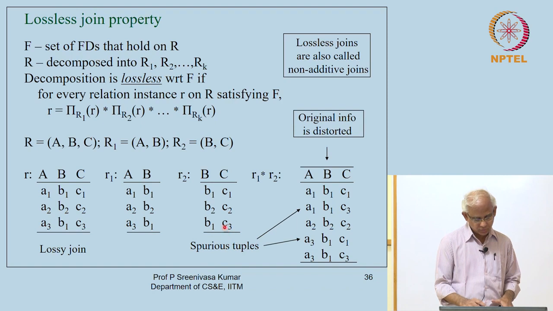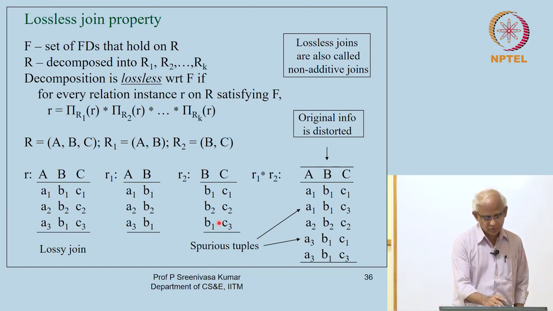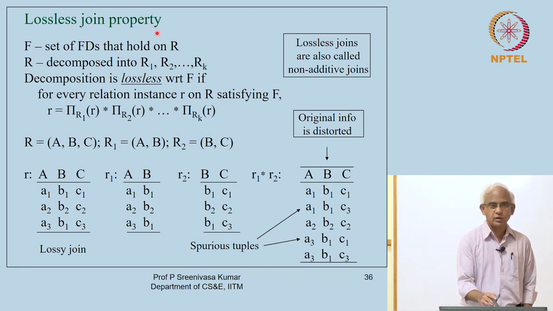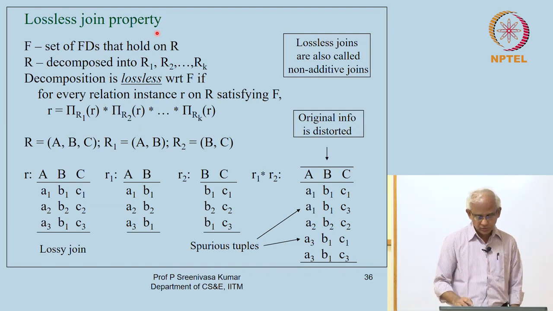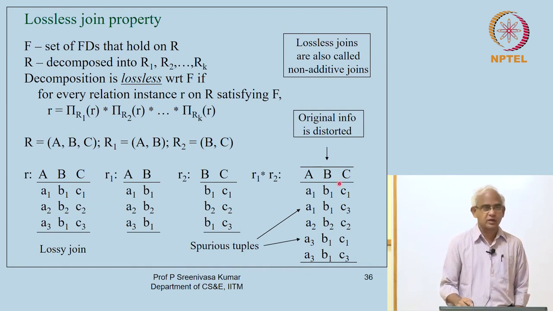So, this is what is called the lossless join property for decompositions. Now, this is truly an undesirable kind of situation. We do not want this. Whenever we do a decomposition, we would like the information to be preserved in the decomposed relations.